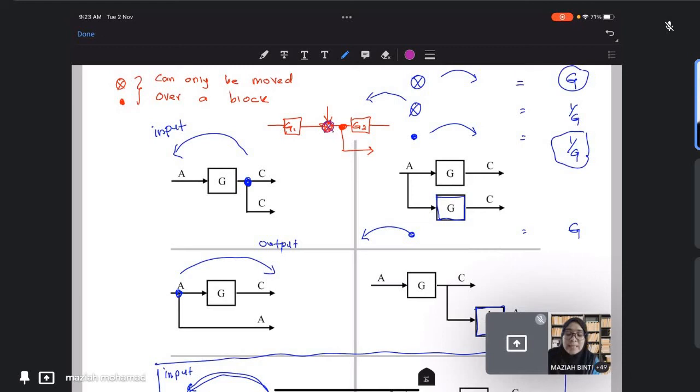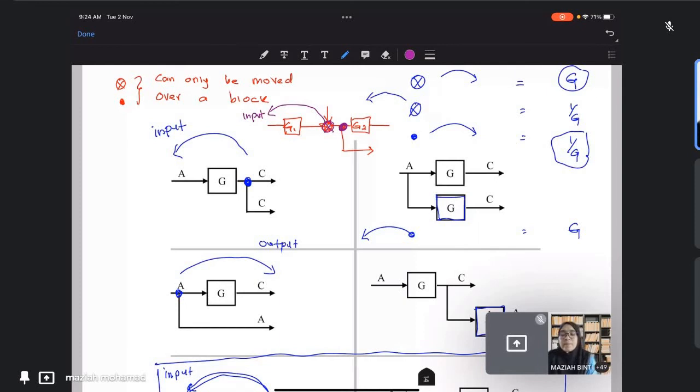But for this case, the summation point can only move toward the input. It cannot be moved toward the output because there is a pick-off point there. So you cannot move over a pick-off point, because we can only move over a block.